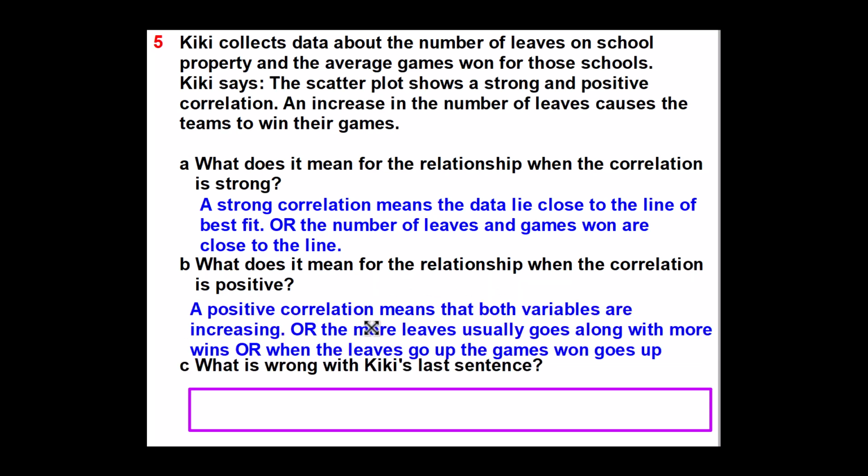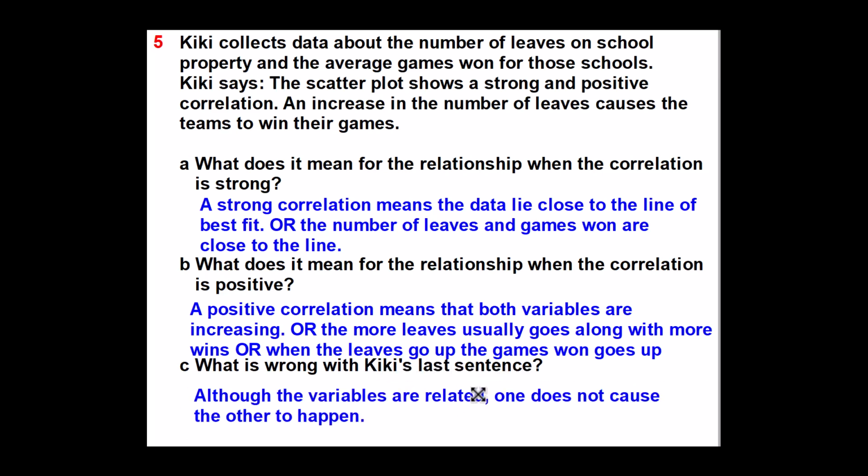It means that both variables are increasing, or more leaves usually go along with more wins. But what is wrong with that sentence? Again, although the variables are related, one does not cause the other to happen.